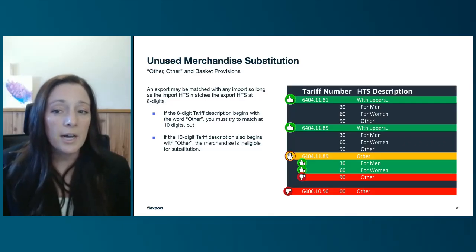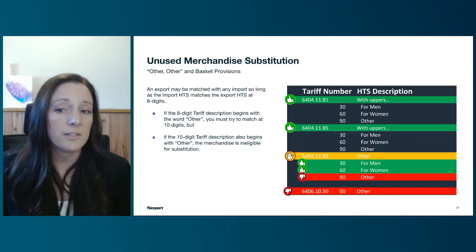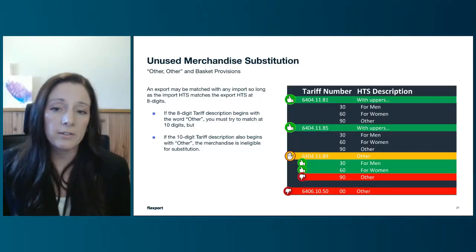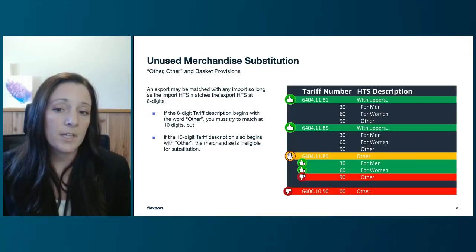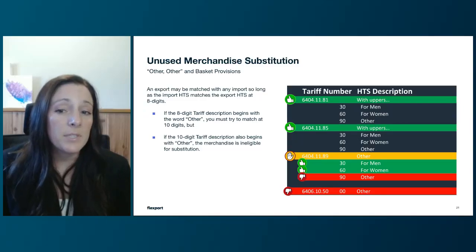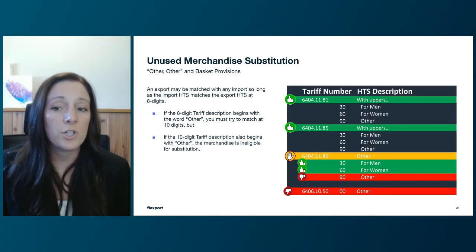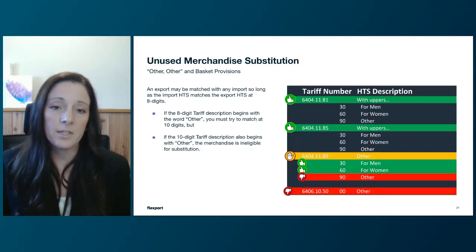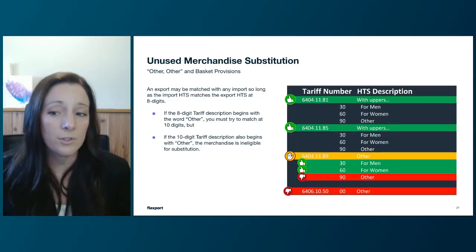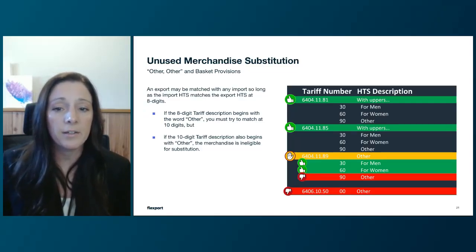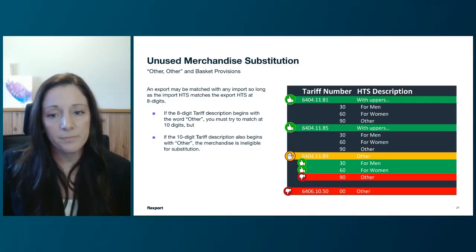Substitution is also allowable when the 8-digit HTS subheading begins with the word other and the 10-digit does not. Merchandise may not be substituted if the 8-digit HTS and the 10-digit HTS number begin with the term other. Additionally, basket provisions where the 10-digit HTS statistical number begins with the term other are also ineligible.